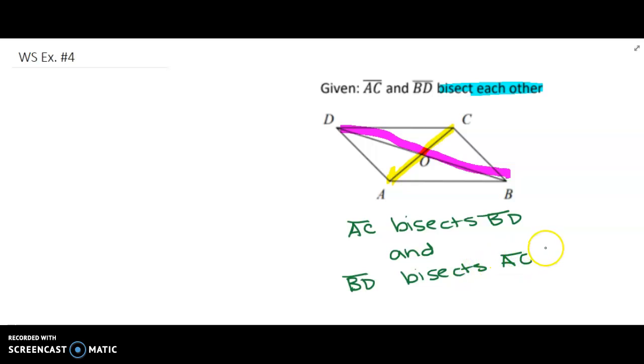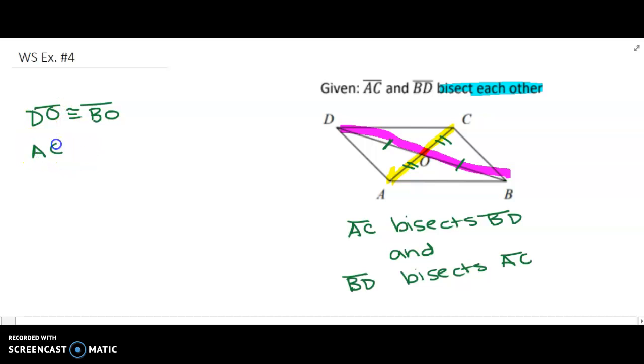That's what bisects each other means. They both bisect the other part. Okay, which tells me that this piece and this piece are congruent, and this piece and this piece are congruent. So I really have multiple things here. I know that DO is congruent to BO, and I also know that AO is congruent to CO. Okay, and that's what I can conclude from this one.